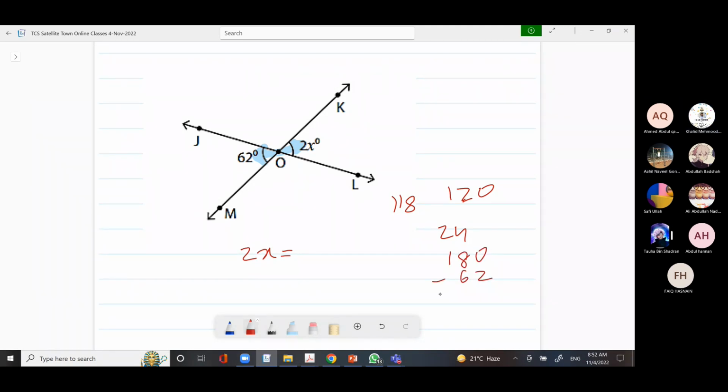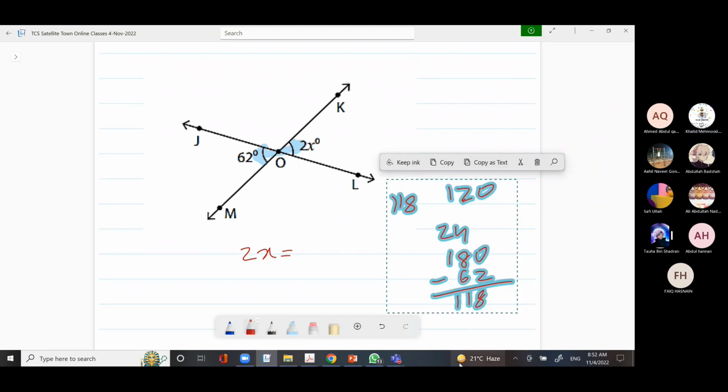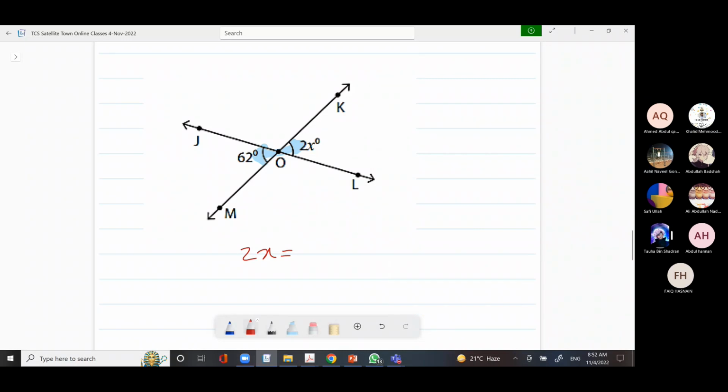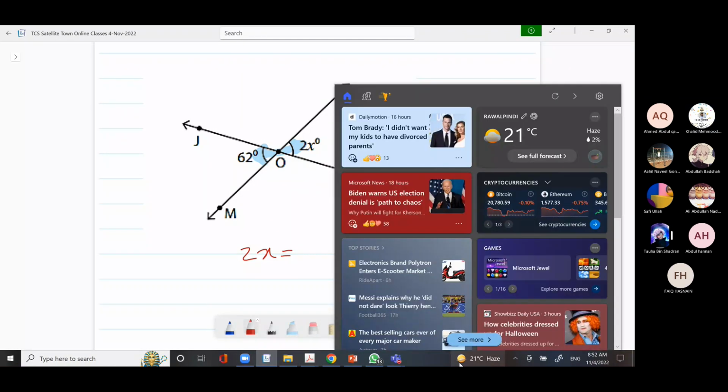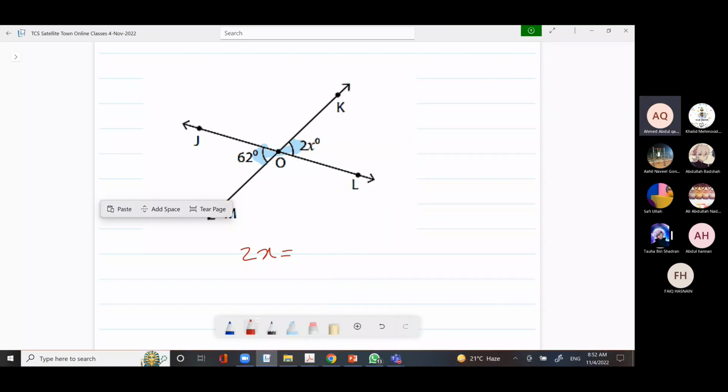Then you'll get your answer, 118, sir. 118. Okay, and what else? But these are all wrong. Now your turn. Should I tell you? Sir, 80 plus 80.